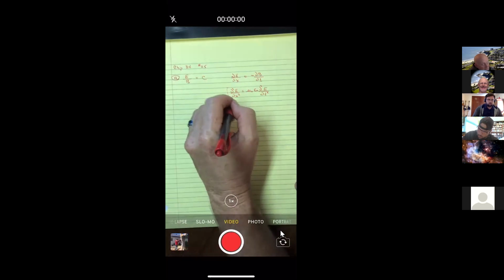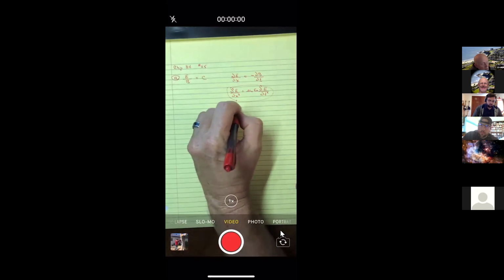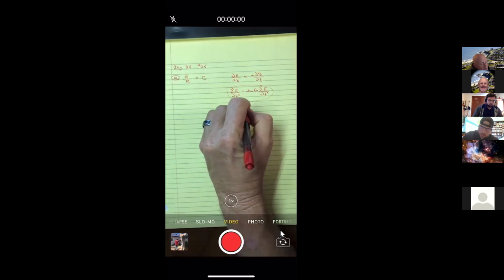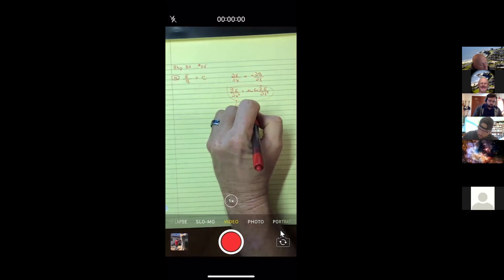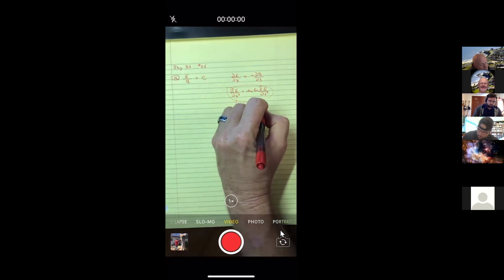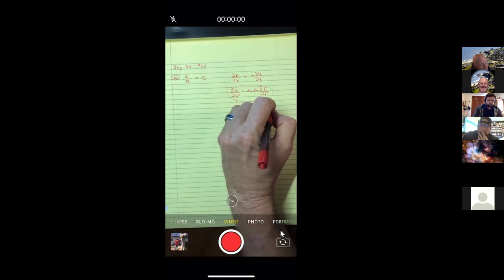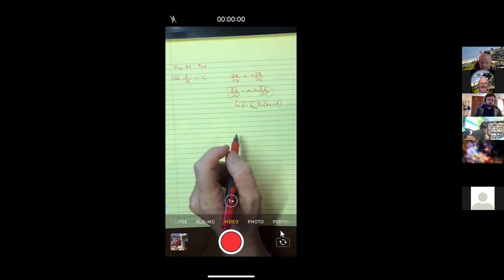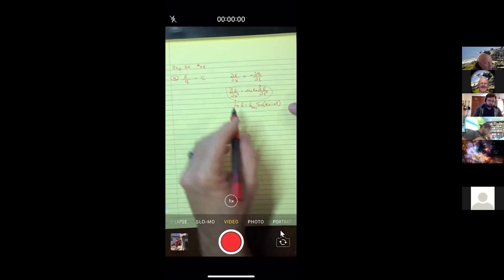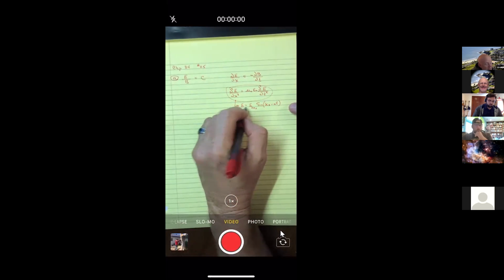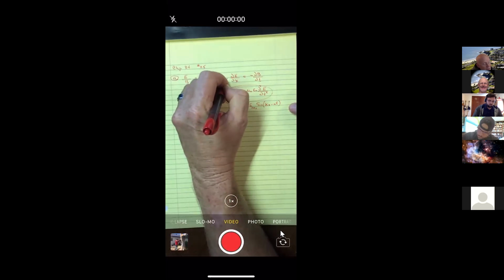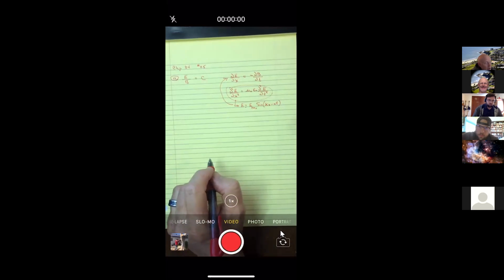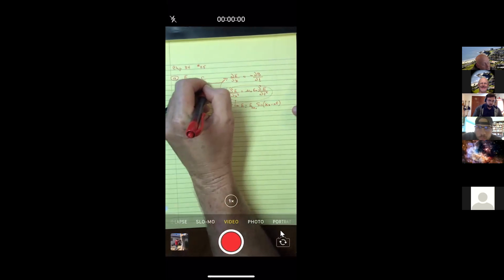Because of this equation, we know that one solution, as we just proved, was equal to the maximum times the sine of kx minus omega t. That was the problem we just did. Now, if you take this and put it into here, you can show that this is true.